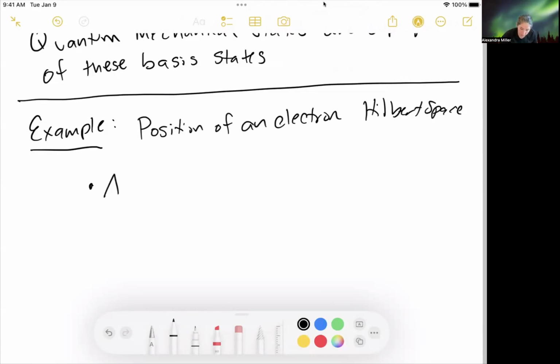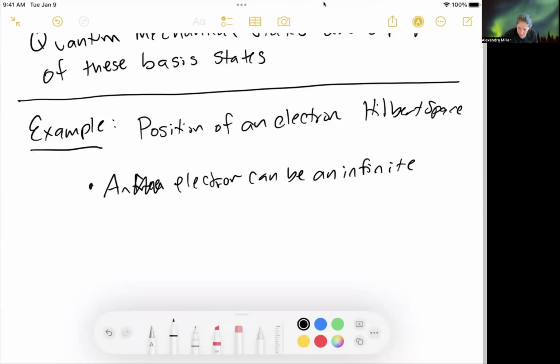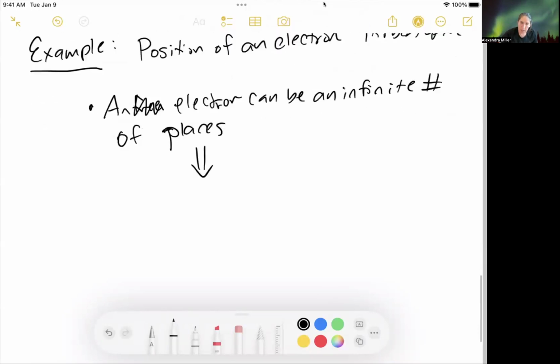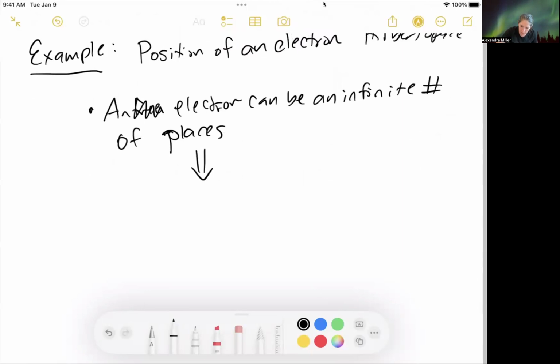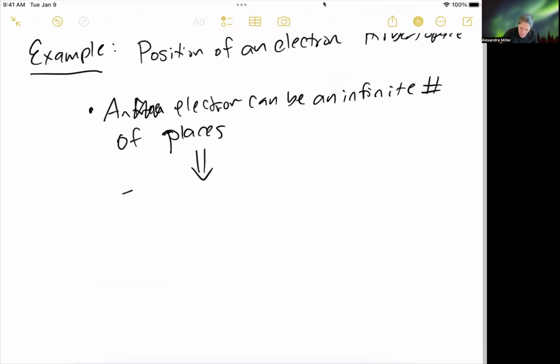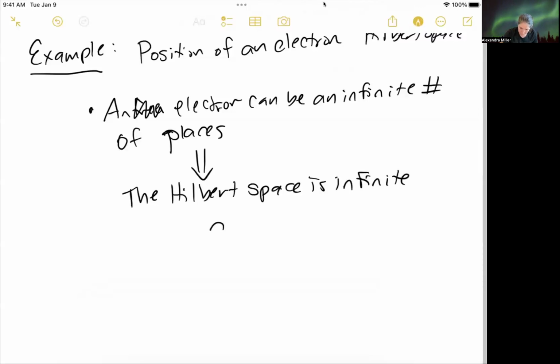So an electron can be in an infinite number of places. Which means the Hilbert space describing the possible states of the position of an electron is infinite dimensional.